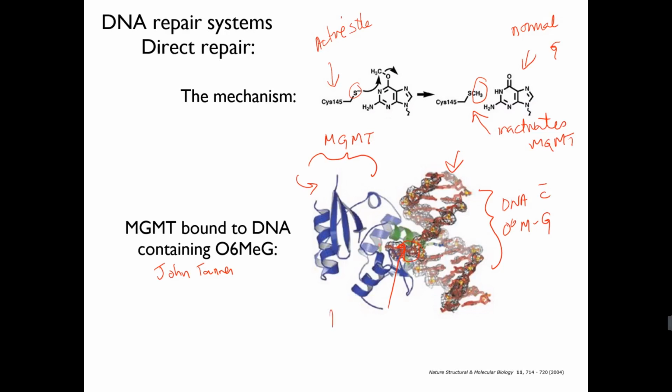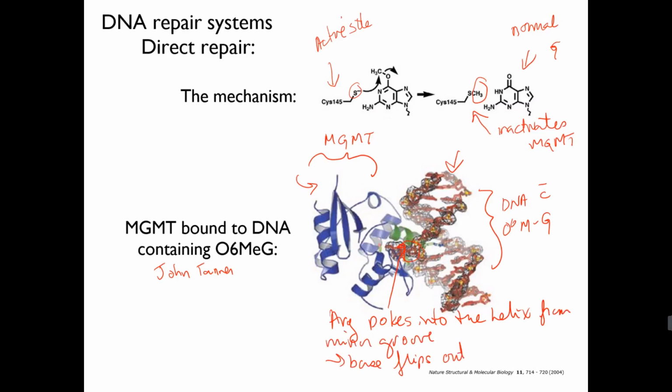Okay, so there's an arginine that pokes into the helix from the minor groove. And what this does, the base flips outwards into the active site of MGMT.